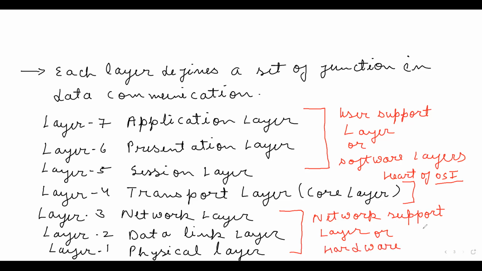As a network engineer, in the beginning, you will read about only these 3 or 4 layers. Layer 1, 2, 3, 4. 5 also, but not in depth. But if you go for security, then we have to read all 7 layers. But in the basics, we will learn only the network, data link, physical layer and the transport layer. 4 layers we will read.